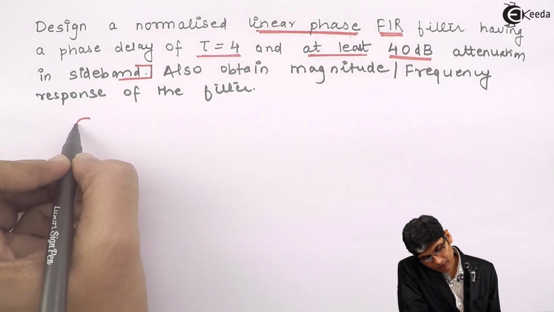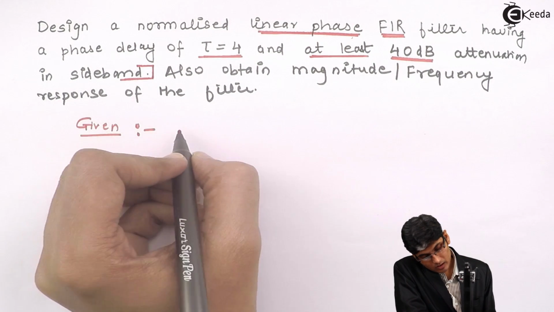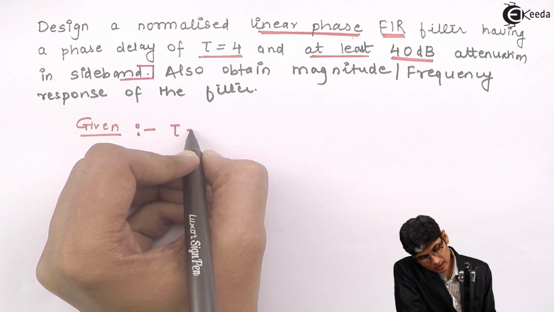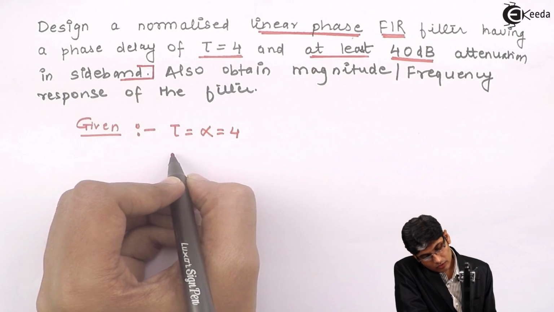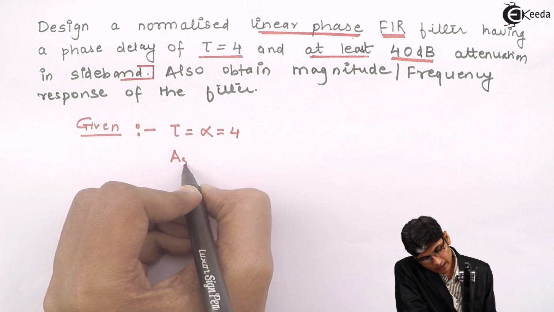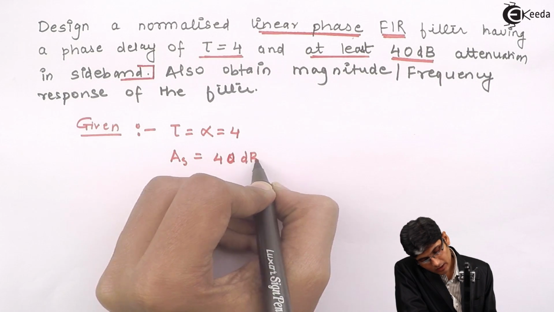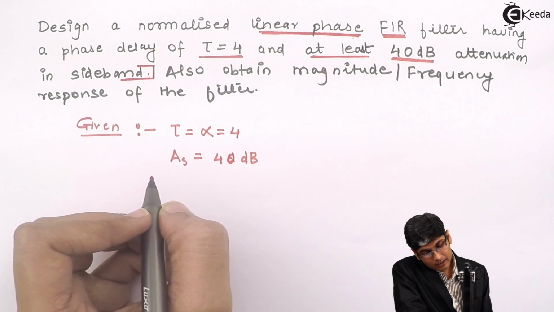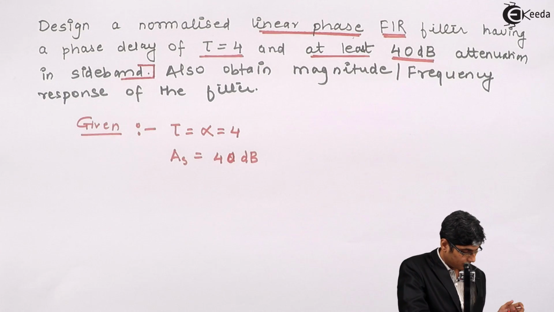So if I write the given, then tau, which is the same as alpha, is 4, stop band attenuation, which we write as AS, is 40 dB, and the demand is to design a normalized FIR filter.